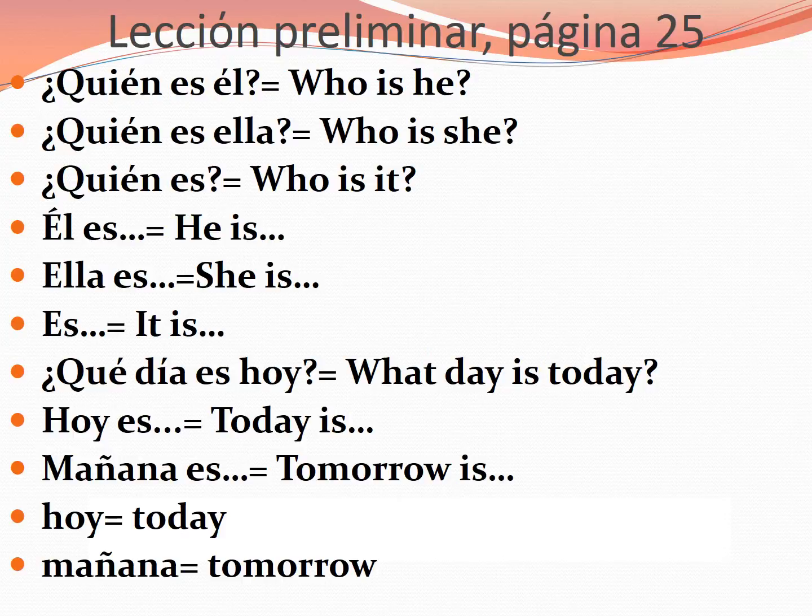It is blank. ¿Qué día es hoy? What day is today? Hoy es blank. Today is blank. Mañana es blank. Tomorrow is blank. Hoy means today when it's by itself. Mañana means tomorrow. Depending on the context, mañana can also mean morning.